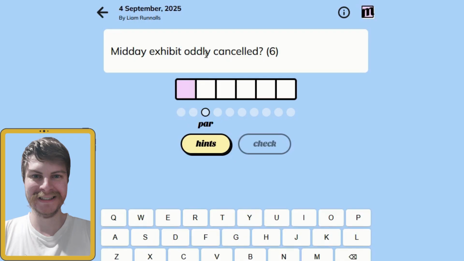Okay, well, first thing I can see is oddly could be a possible indicator, meaning you take the odd letters, whether it's the odd letters of cancelled or exhibit, I'll have to work out.